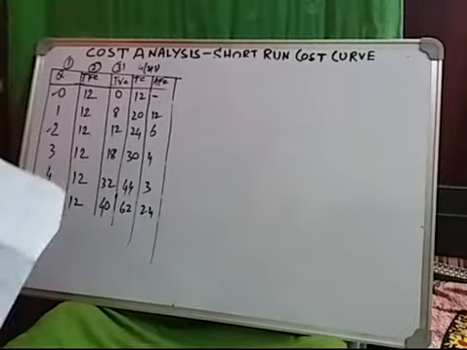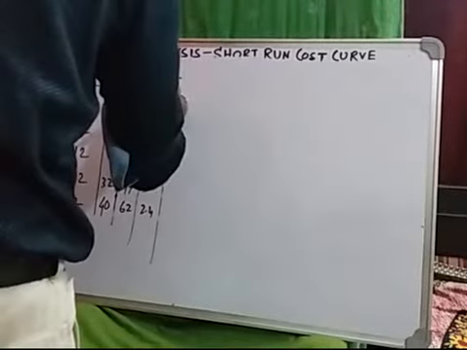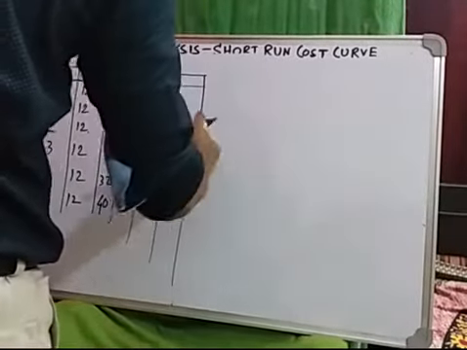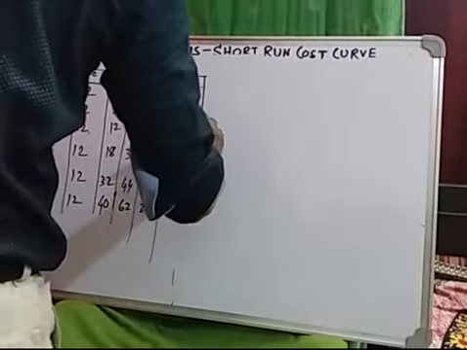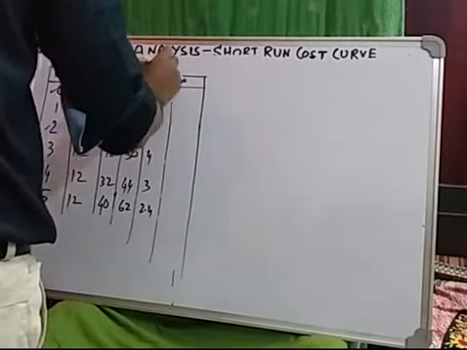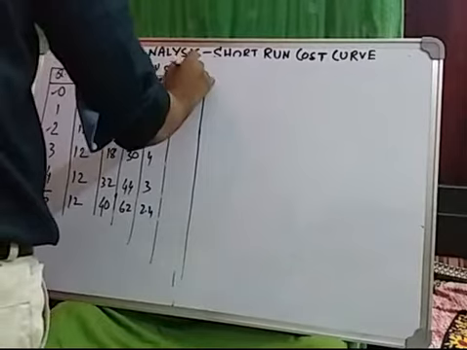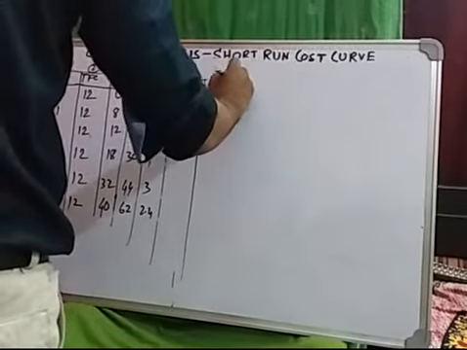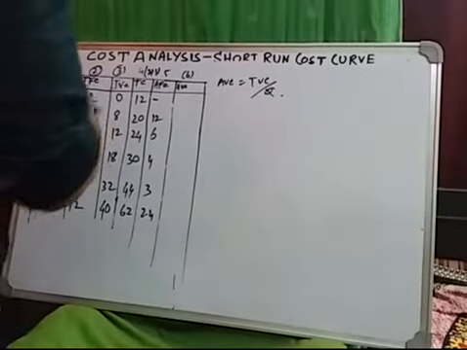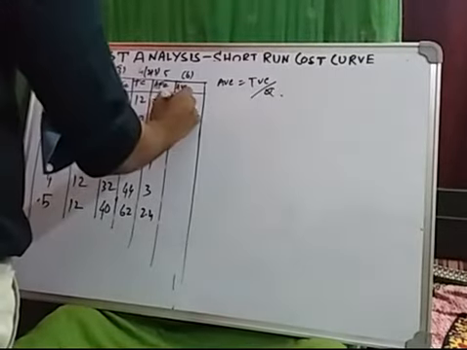We know AVC is equal to TVC by Q. So TVC by Q means 0 by 0 is equal to undefined.